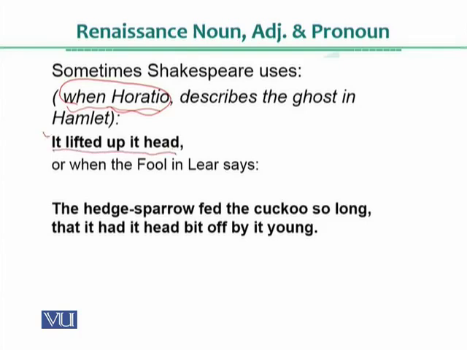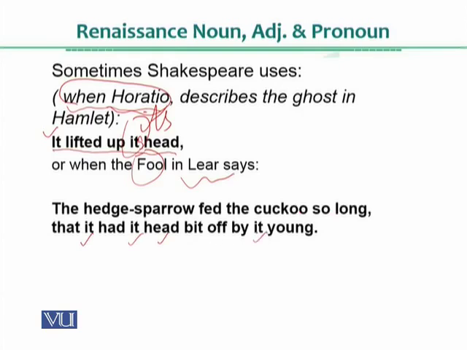Now, this it is okay for us in modern times, but we are not okay with this one. It should have been its. Why? Because the possessive form is not indicated here. There is another example in Shakespeare. When the fool in King Lear talks, he says, "The hedge sparrow fed the cuckoo so long that it had its head bit off by it young."